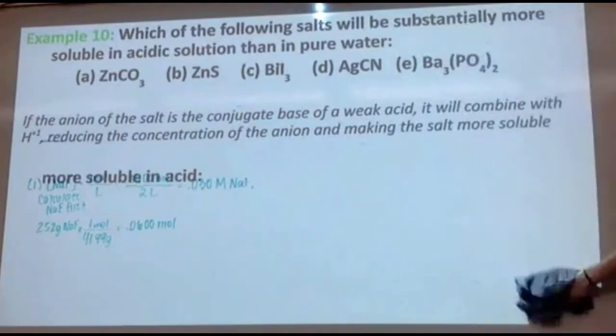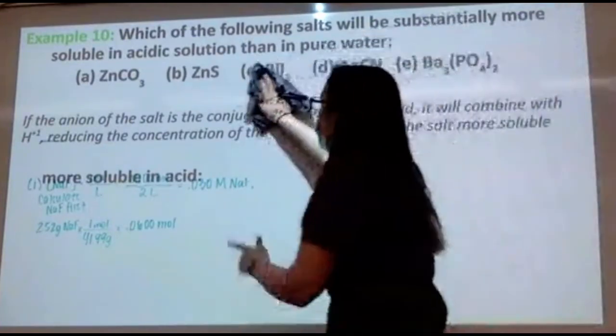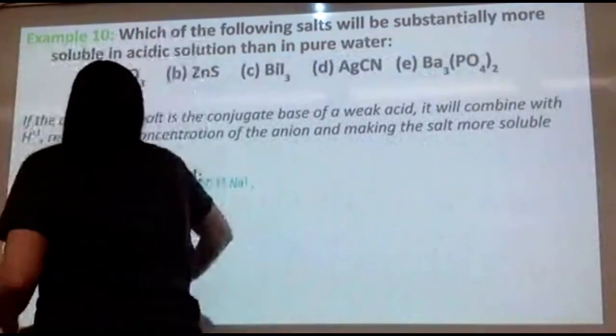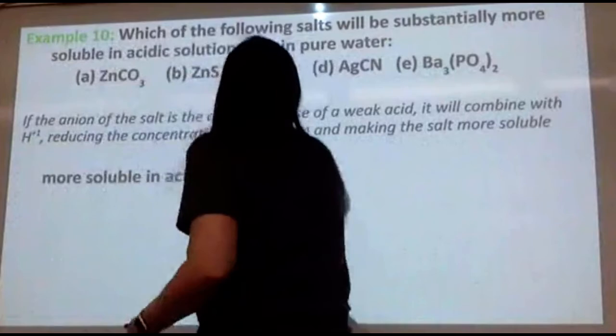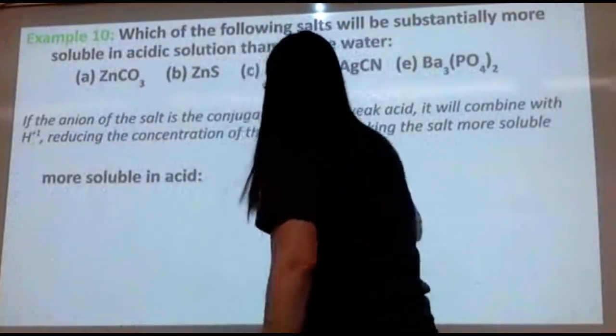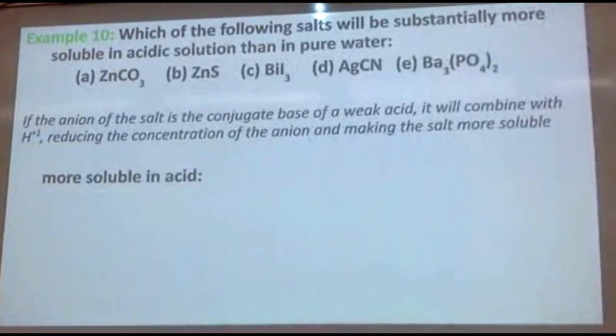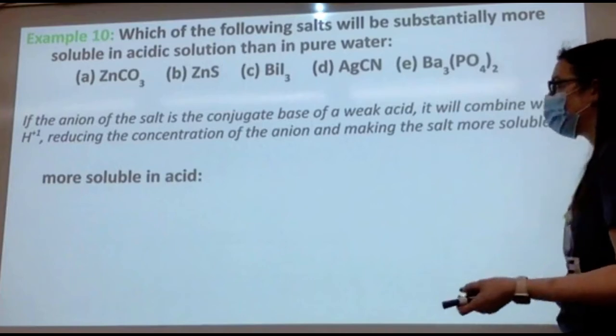Well, if we take a look at this example, it says, which of the following salts will be substantially more soluble in acidic solution? So for this example, we're looking at which of these would be much more soluble if we put it into an acid than if we put it into water.